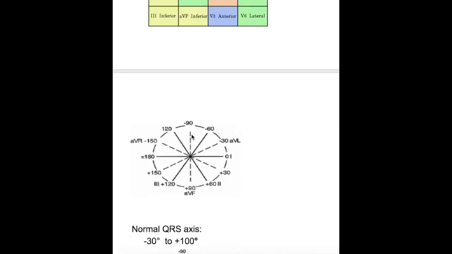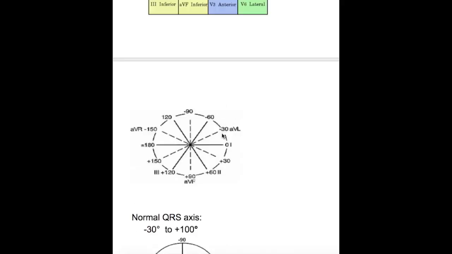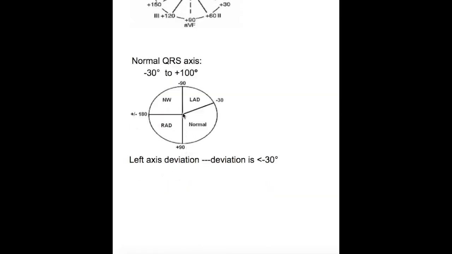So, axis deviation. What's the normal QRS axis? The normal QRS axis is from minus 30 to plus 100. What's right axis deviation and what's left axis deviation?